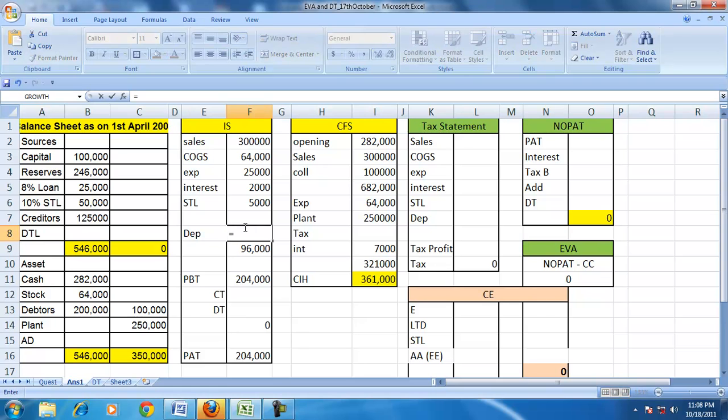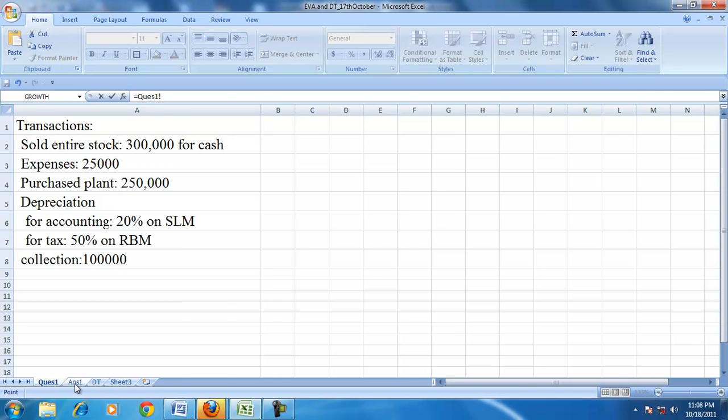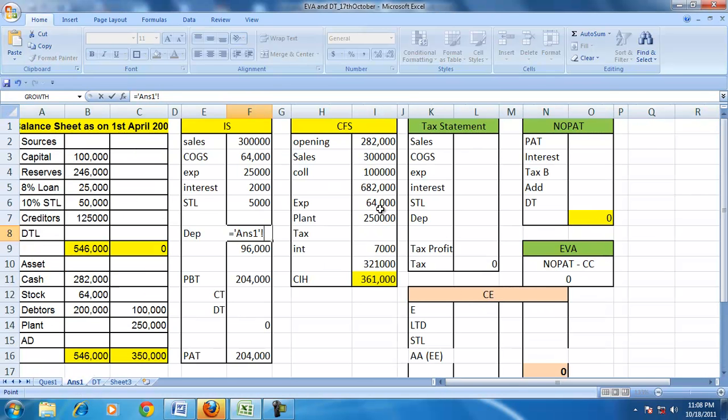Depreciation is 20% on SLM, and depreciation will appear on the balance sheet as an accumulated depreciation of minus 50,000. So the PBT is 150,000, which is income minus these expenses.